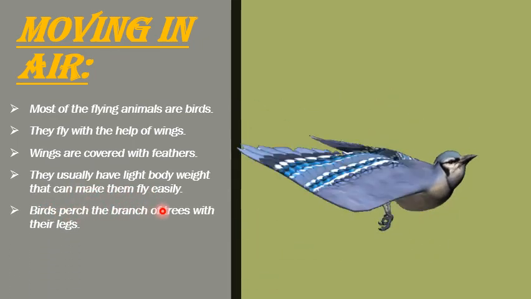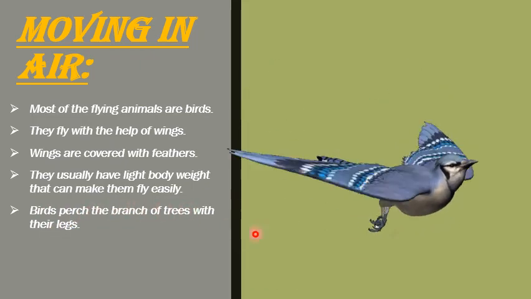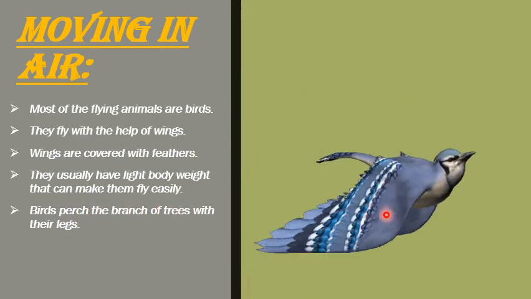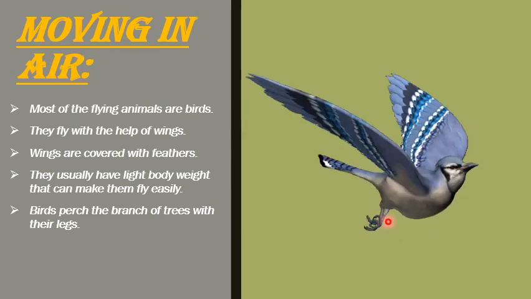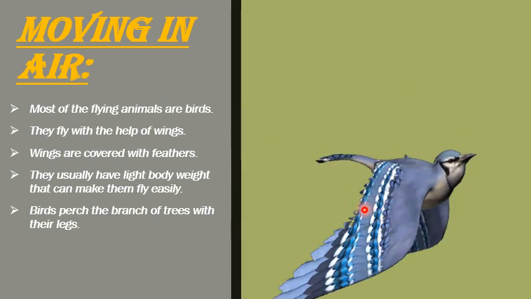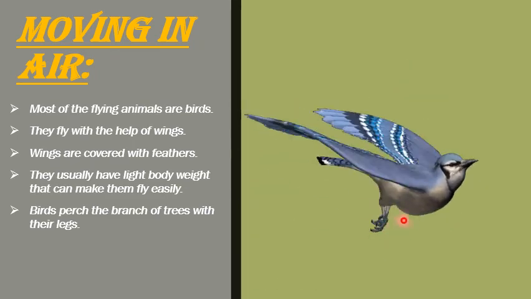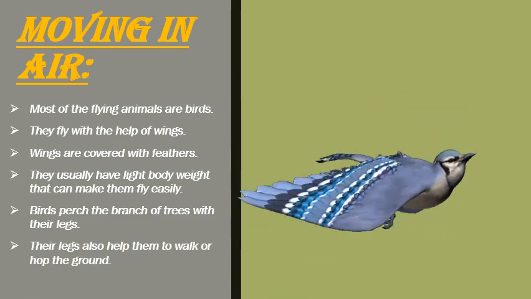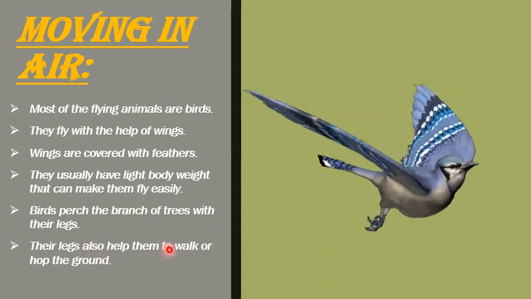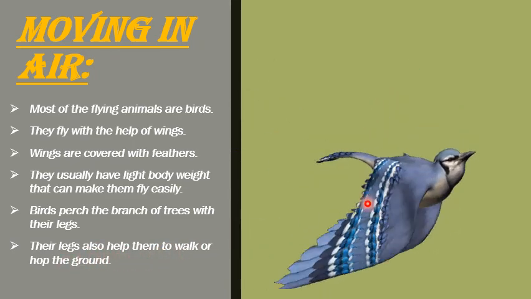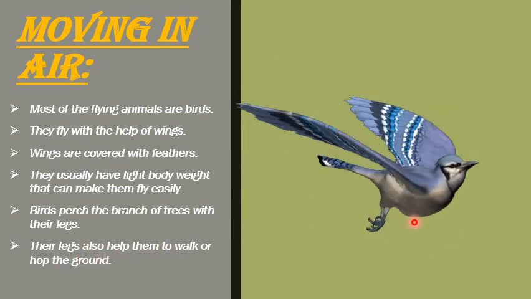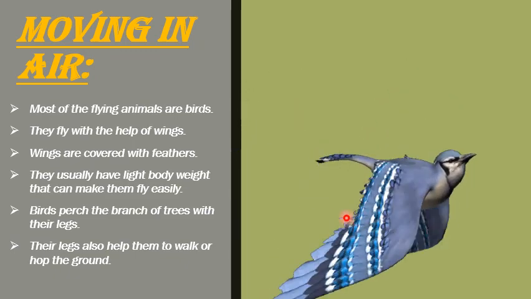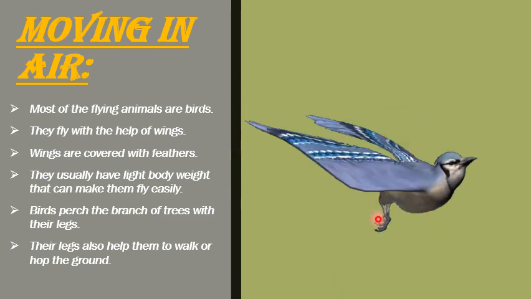Birds perch on the branches of trees with their legs. These legs are used to sit on wires and on branches of trees. Their legs also help them to walk or hop on the ground. Sometimes they walk a little bit on the ground or hop with the help of their legs.